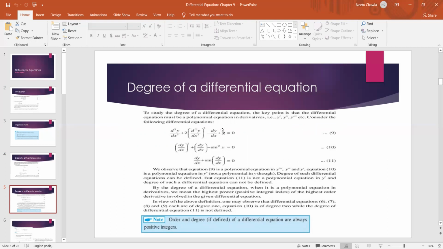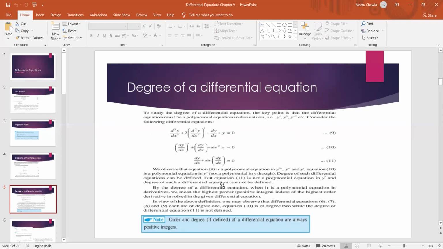Consider the following differential equations. Just see the first differential equation, that is equation number 9. Observe it very clearly. And see for equation number 10, dy by dx whole square plus dy by dx minus sine square y is equal to this. This is also a proper differential equation. See for equation number 11, what is given here? dy by dx plus sine of dy by dx is equal to 0.